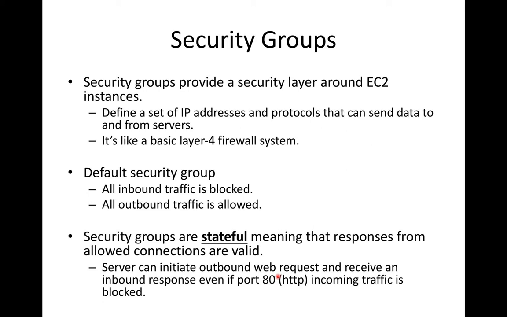So a security group is like a very basic layer 4 network firewall system. When you create a security group, it has some default rules in place, and the default security group allows all outbound traffic from the EC2 instance.